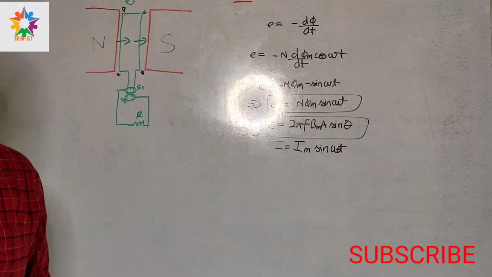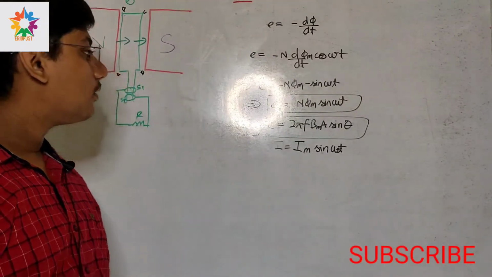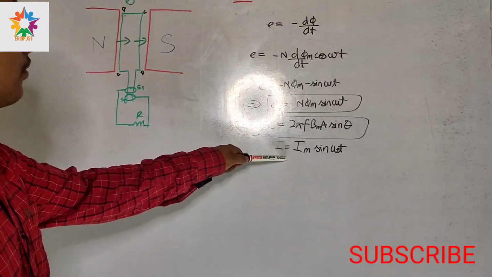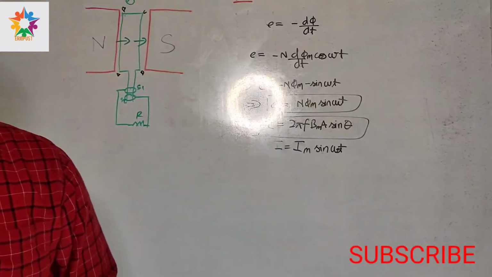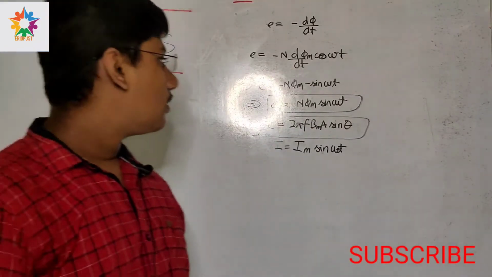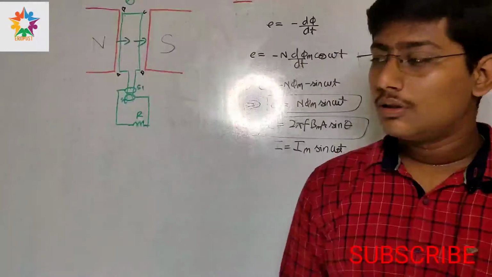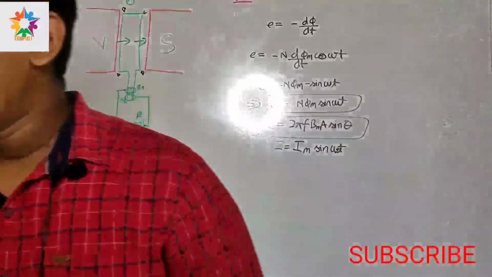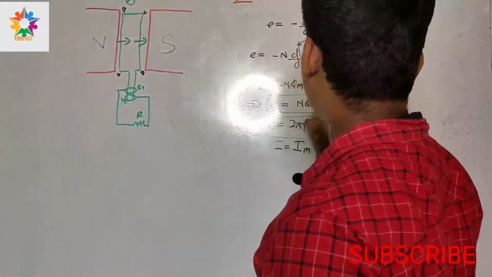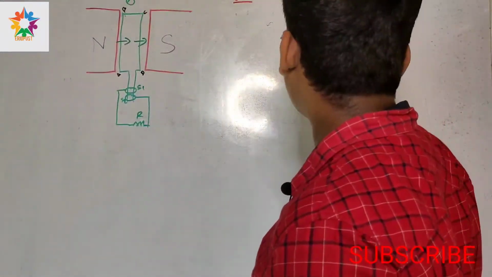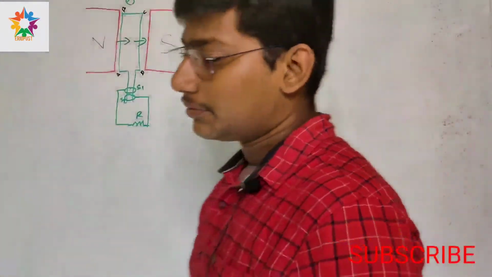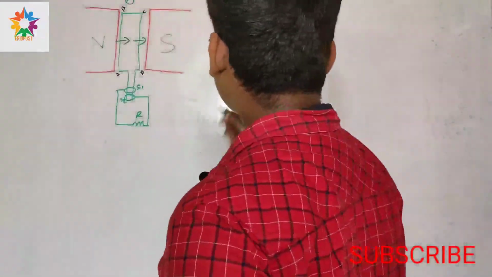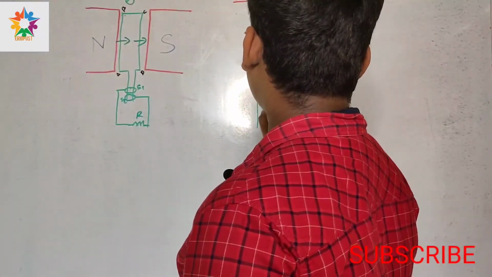So this is the equation for the current. Now from our previous examples of alternating quantities, we know what will be the graph of the AC equation.